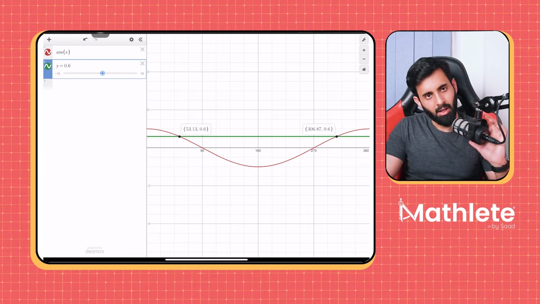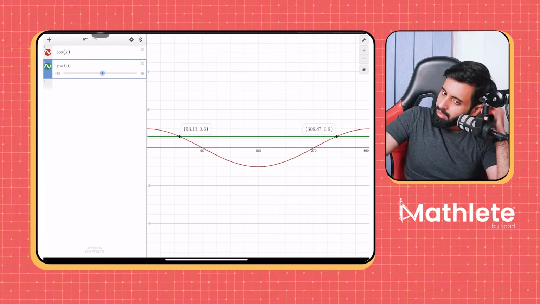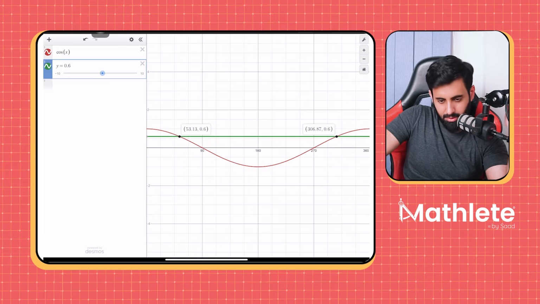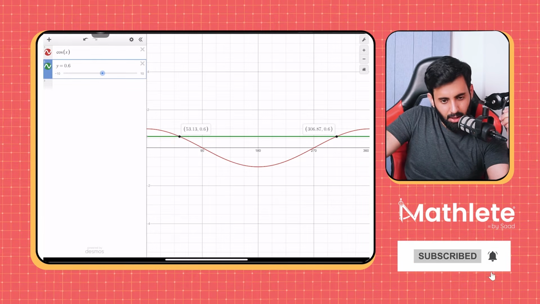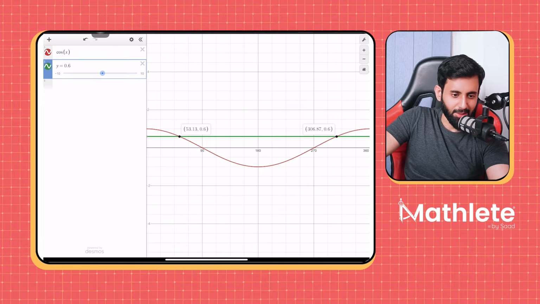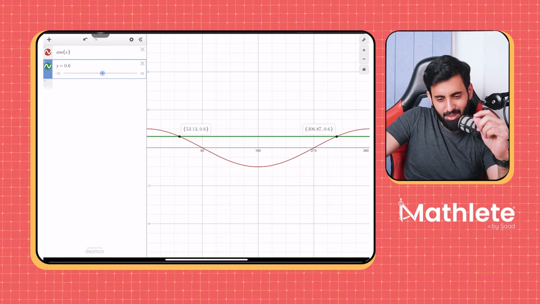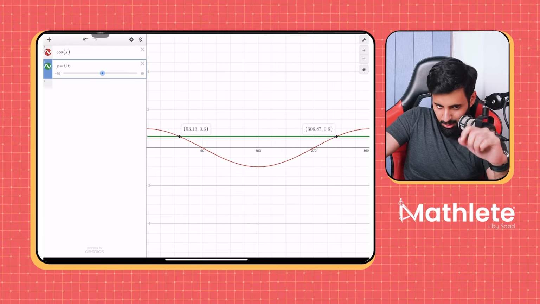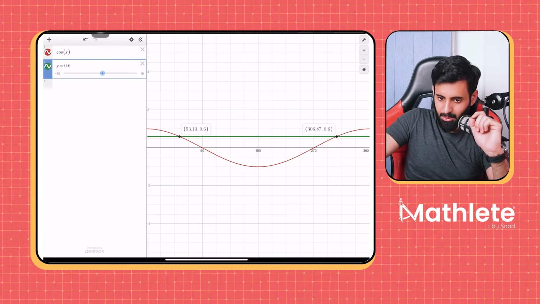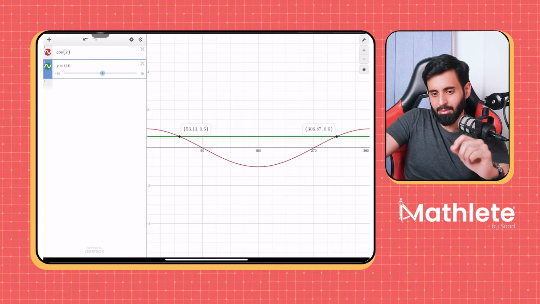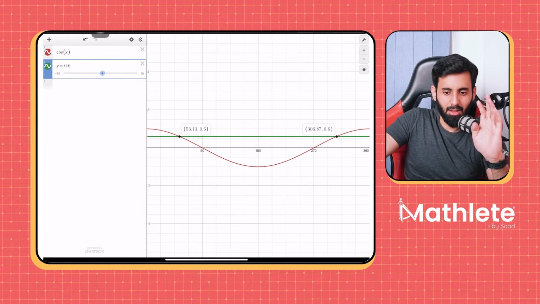If instead this was cos 2x, I want you guys to think about my question first. Brilliant. If it was cos 2x instead of cos x, how many times would you expect the graph to be equal to 0.6? 4.